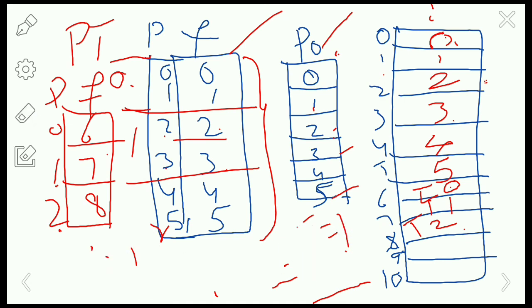So now the size of the page table is 4 KB. Okay, this one, zero, is placed here in the 9th frame. Okay, so actually the page table is present in the main memory only.